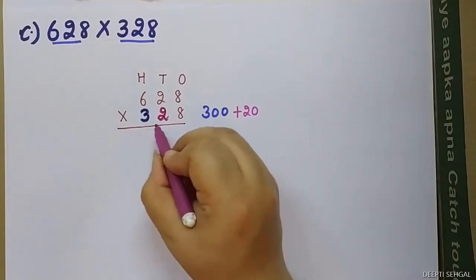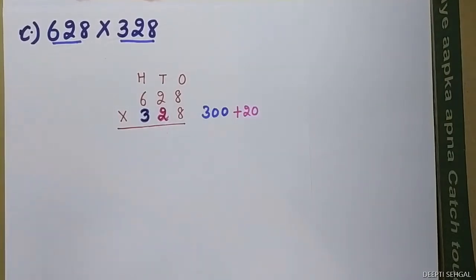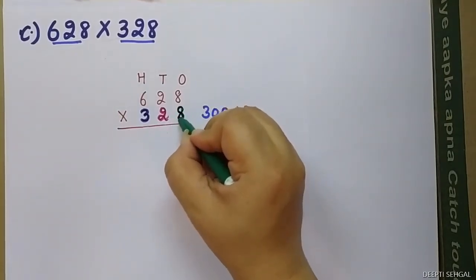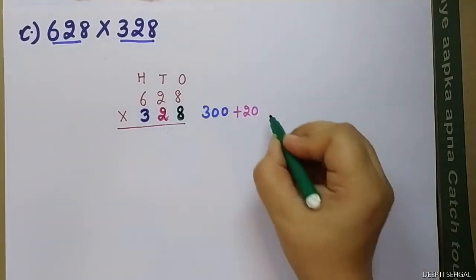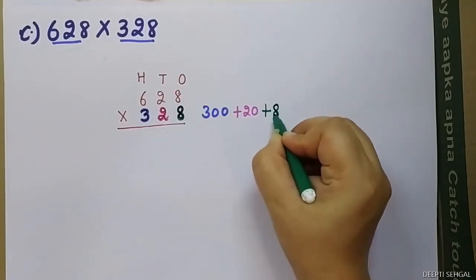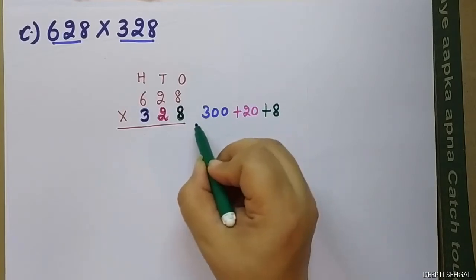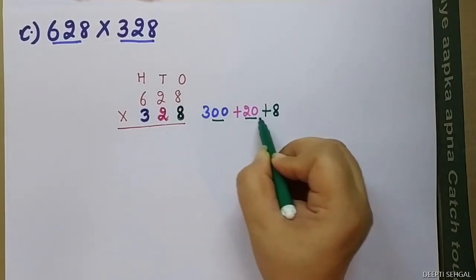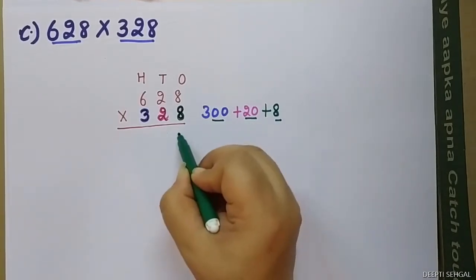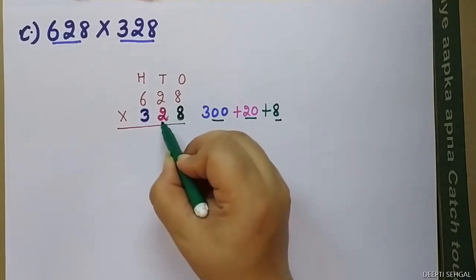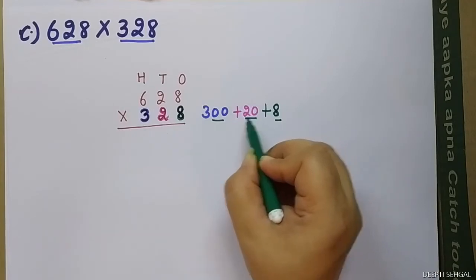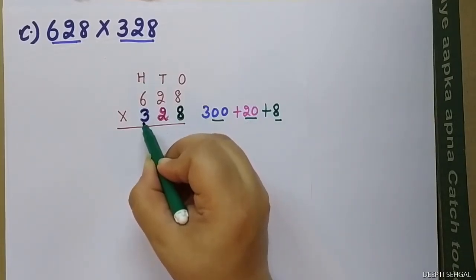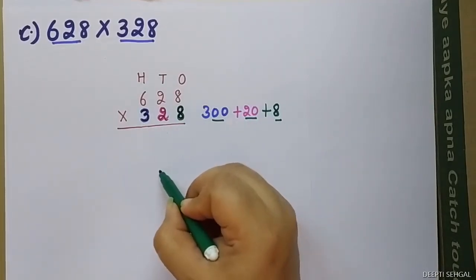Okay, 320. And this is my simple 8. Now we have to be very careful how many zeros are there. There is no zero, so no zero will come here. While multiplying with 20, we have to add 1 zero here. And while multiplying by 300, we have to add 2 zeros here.